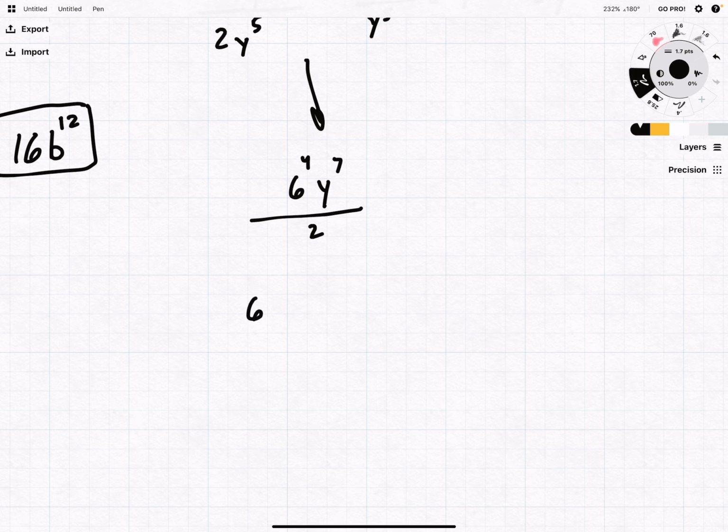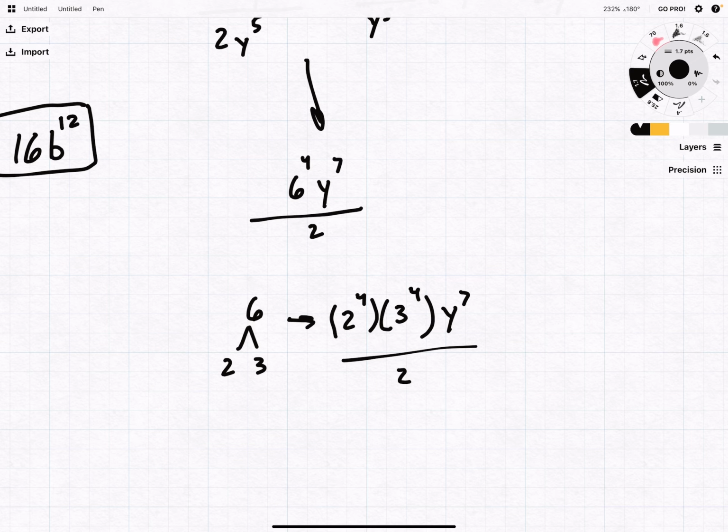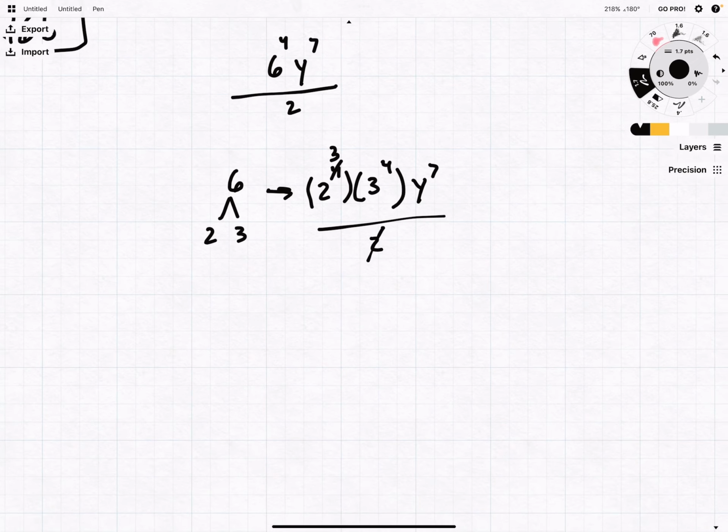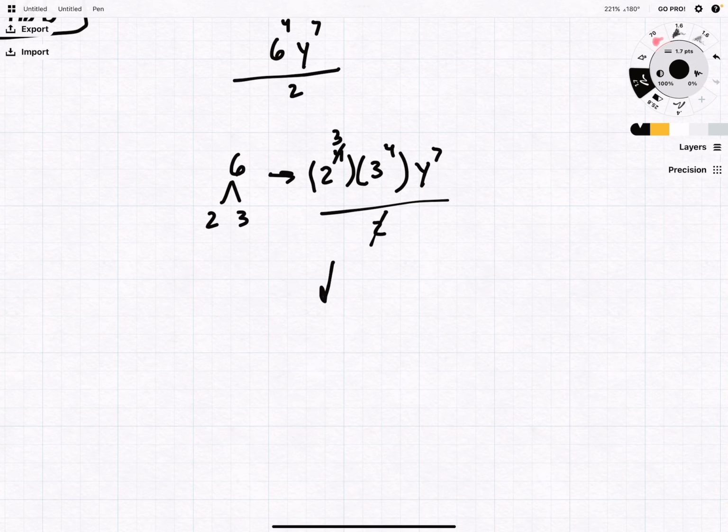We know that 6 is comprised of 2 and 3. So really, we have 2 to the 4th times 3 to the 4th times y to the 7th all over 2. The 2 cancels with this 2 to the 4th, and that gives us 2 to the 3rd.